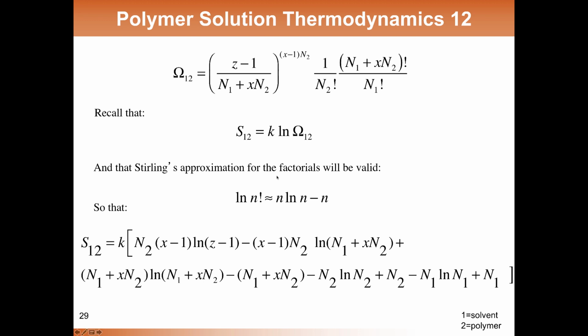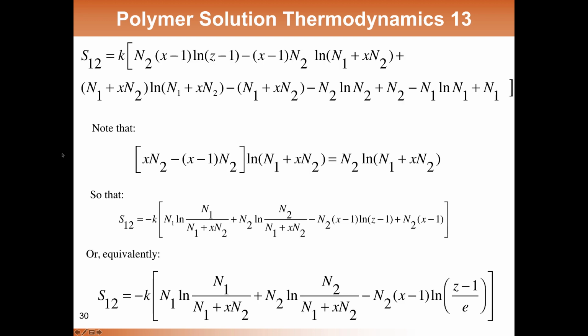And so we recall that the entropy of mixing, the entropy S12 of the mixture, is k times the log of omega 12. We use Stirling's approximation again because n1, n2, and x are going to be very, very large. And we start to put this expression in for S12, the entropy of the mixture of polymer and solvent.